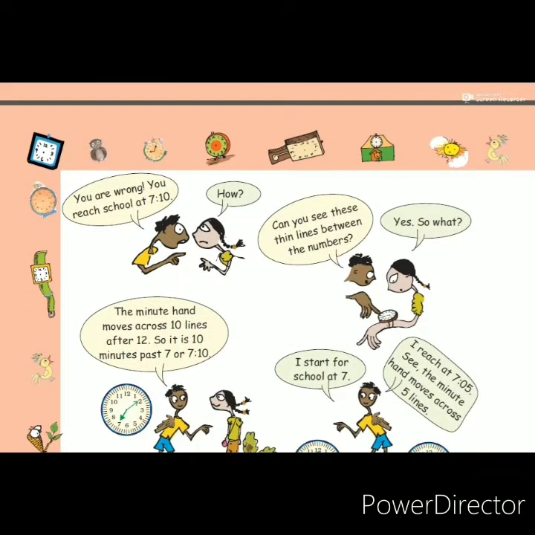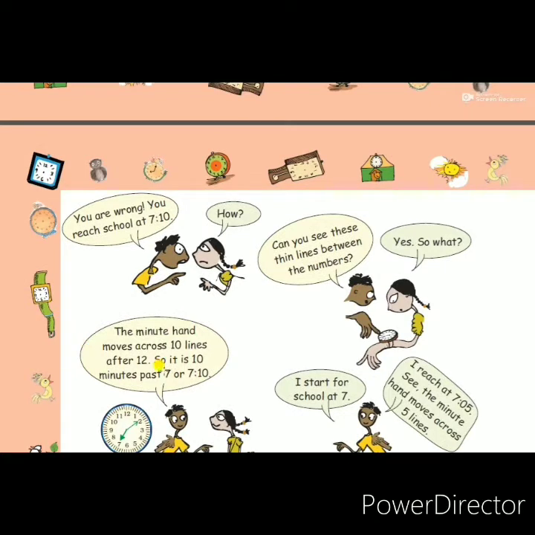We note, students, that when the minute hand moves from one number to another number, that time is 5 minutes. So when she started at 7 o'clock, the hour hand was on 7 and the minute hand was on 12. When she reached the school, the minute hand reached 2.